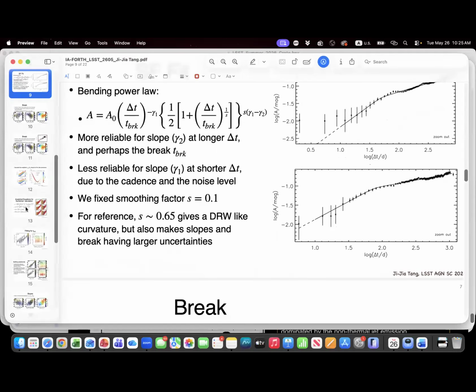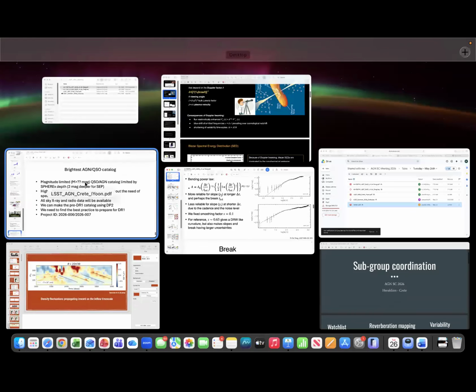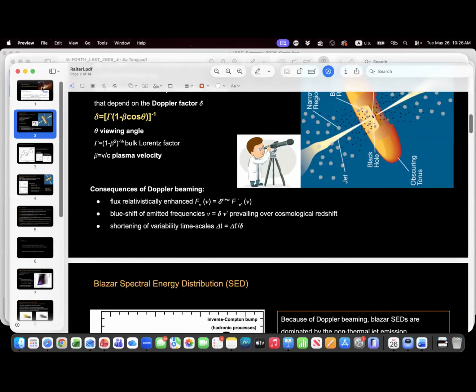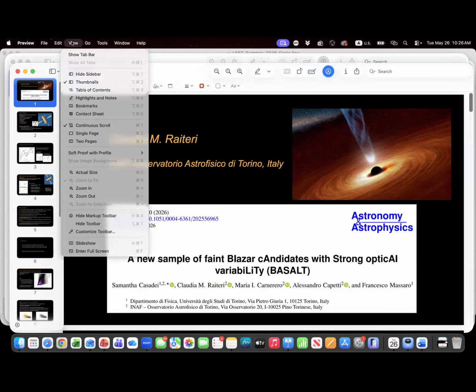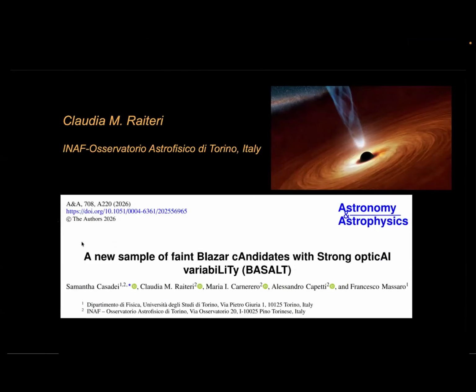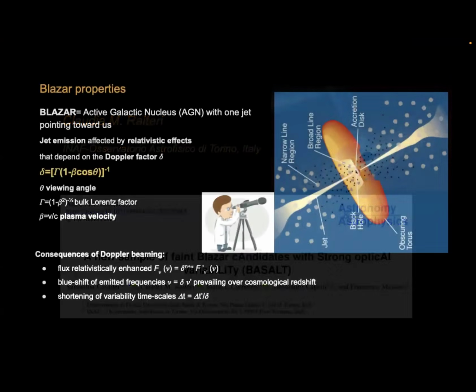Next, about the blazars. Here's one of the new samples of blazars. Warning, wait.